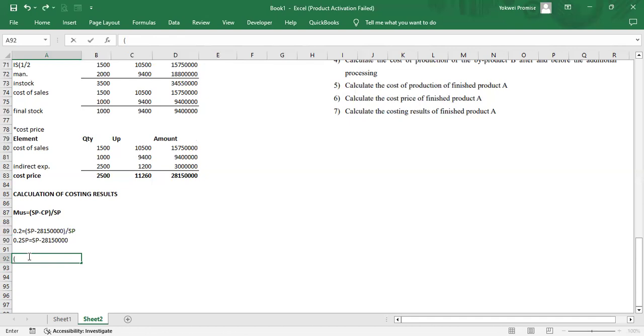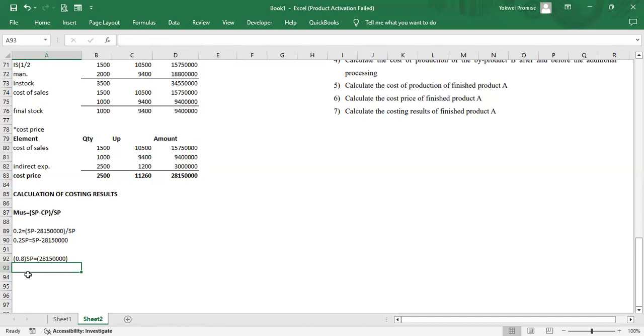So I have negative 0.8 SP equal to negative 28,150,000. No, sir, it's supposed to be 28. Thank you.